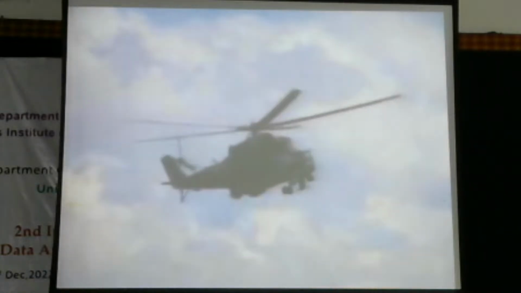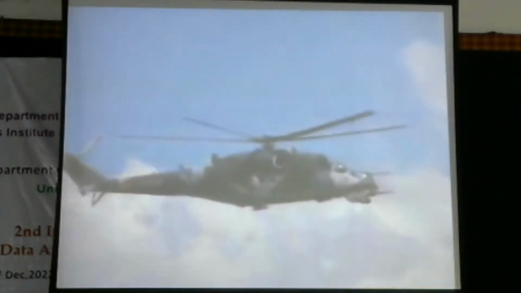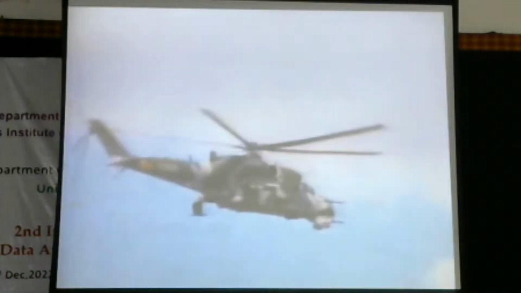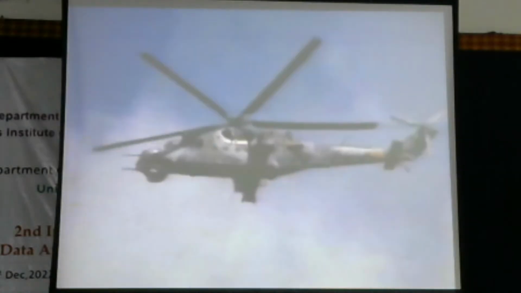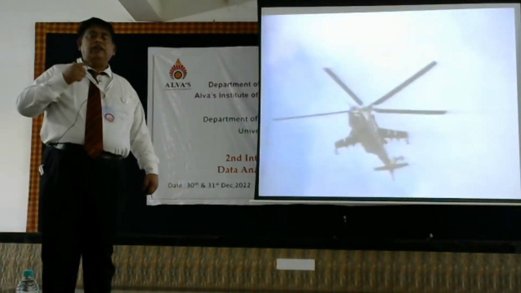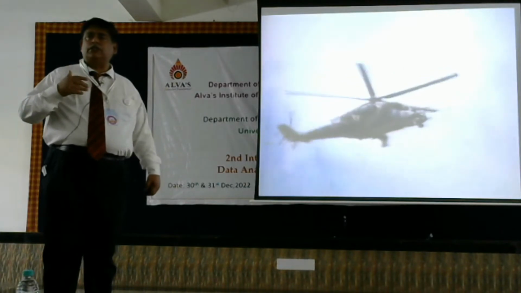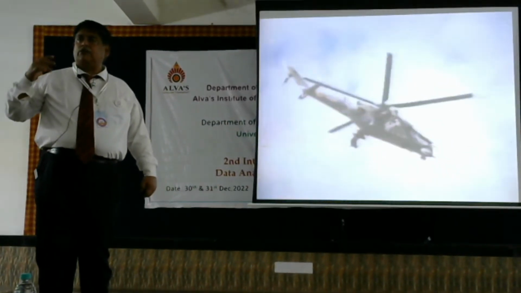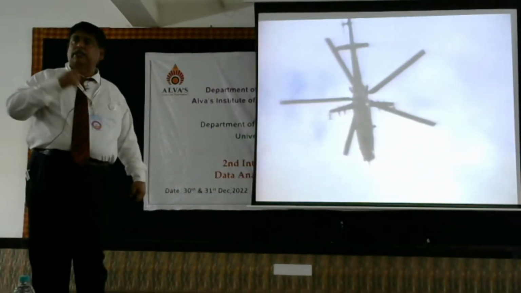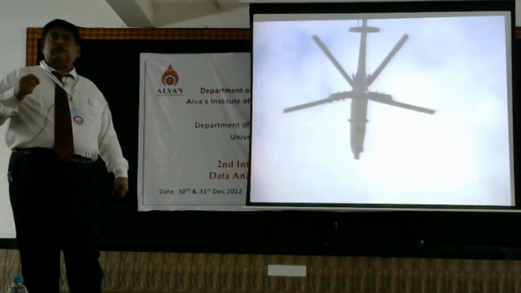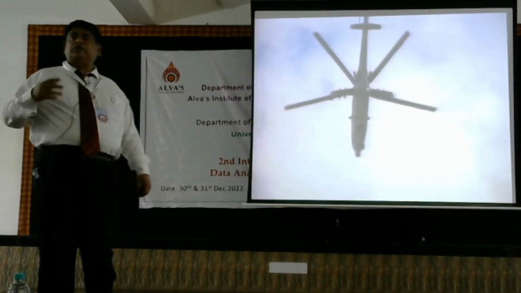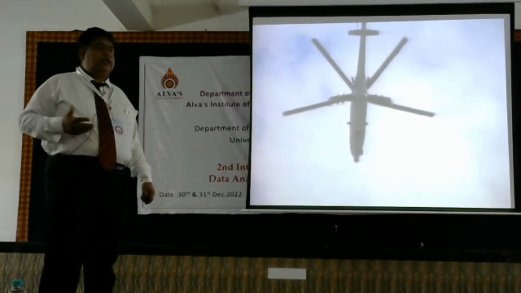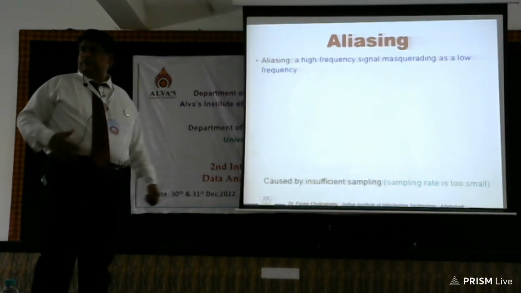So there is a problem in the sampling of the data. The data has been sampled in such a way that it has gone into sync with the rotation of the helicopter, and you have a false notion that the blades are not rotating. The blades are actually rotating, and it is not seen. This is something called the Nyquist limit, which tells you that you need to have at least 2 samples per period.